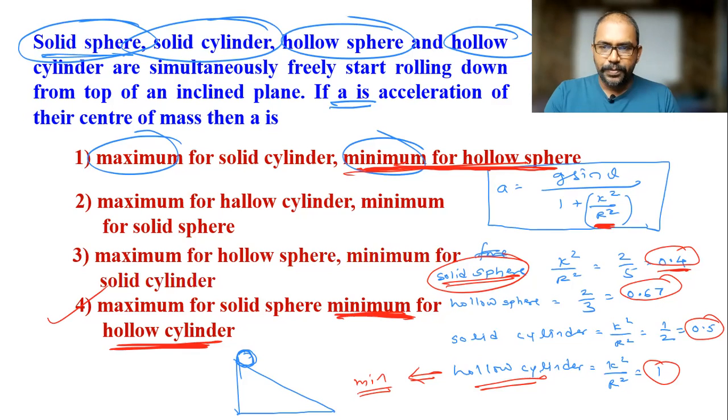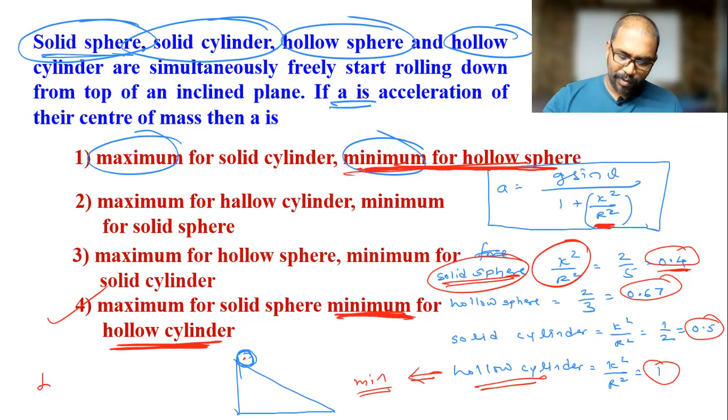Now in a similar way, when these objects are coming down, we can decide which one comes first and which one comes last. It is also based on this value of k square by r square. Here we can use conservation of angular momentum.